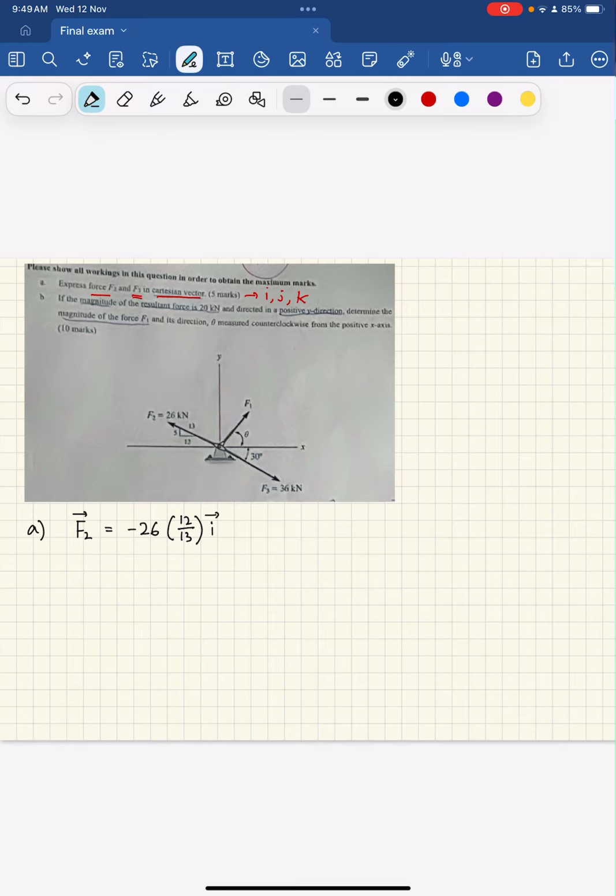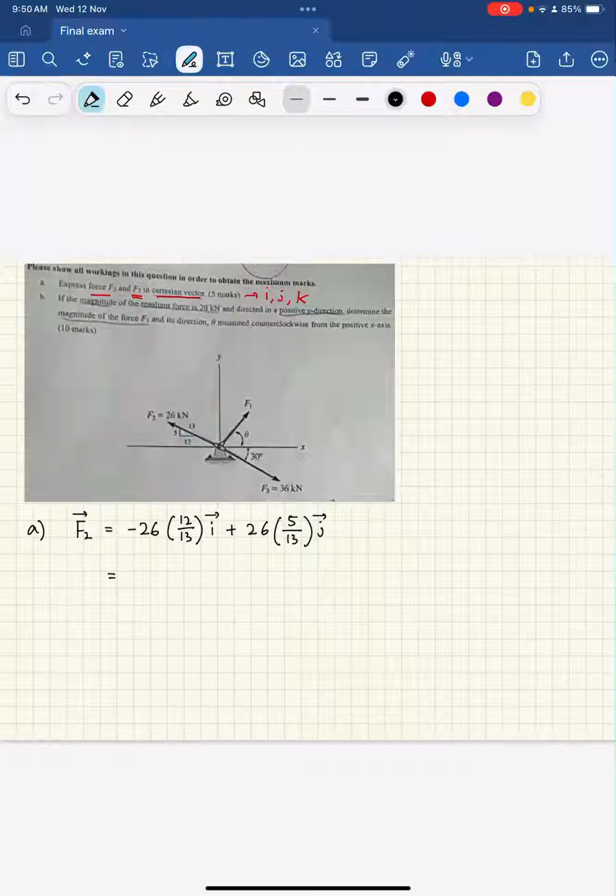Also followed by plus 26 times 5 over 13 j.